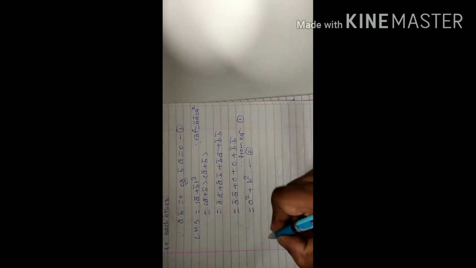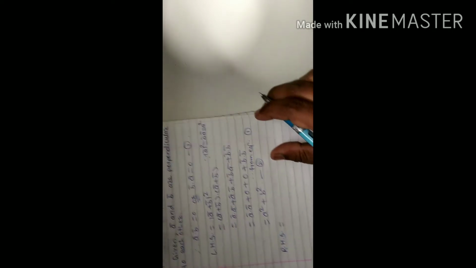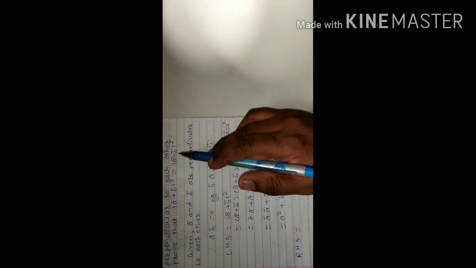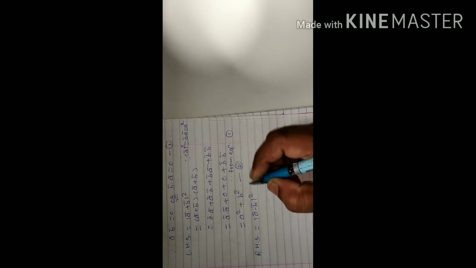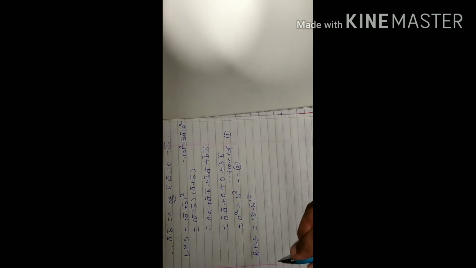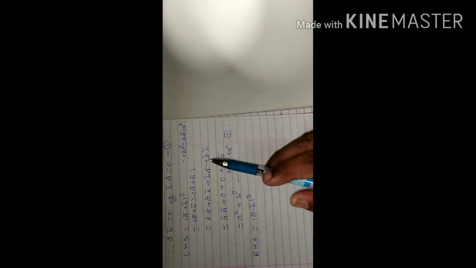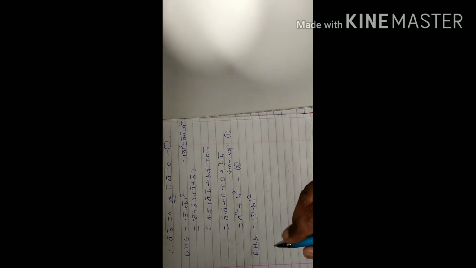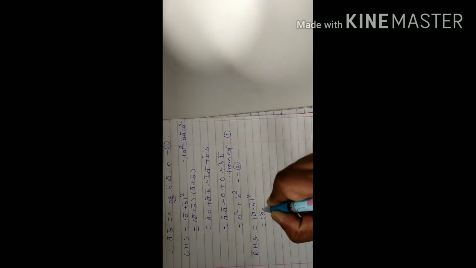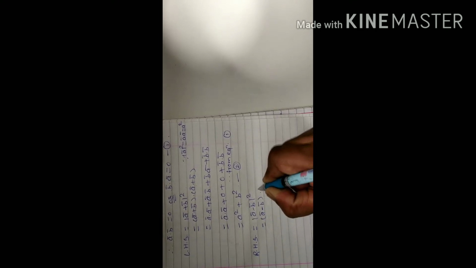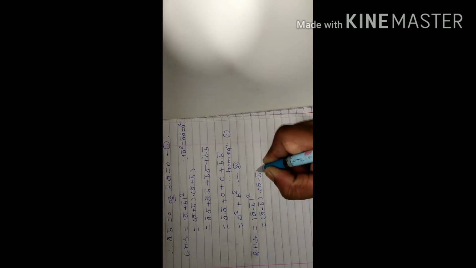Then we take here RHS, that is modulus of a bar minus b bar square. Then we write here a bar minus b bar square, we also write with the help of its property, that is a bar minus b bar into a bar minus b bar.